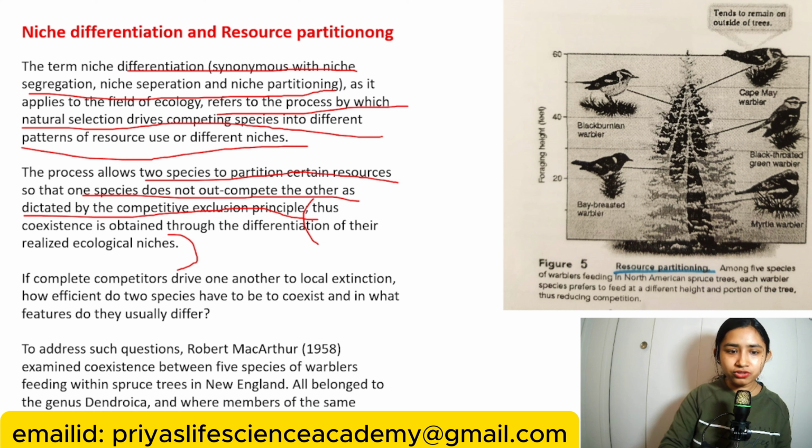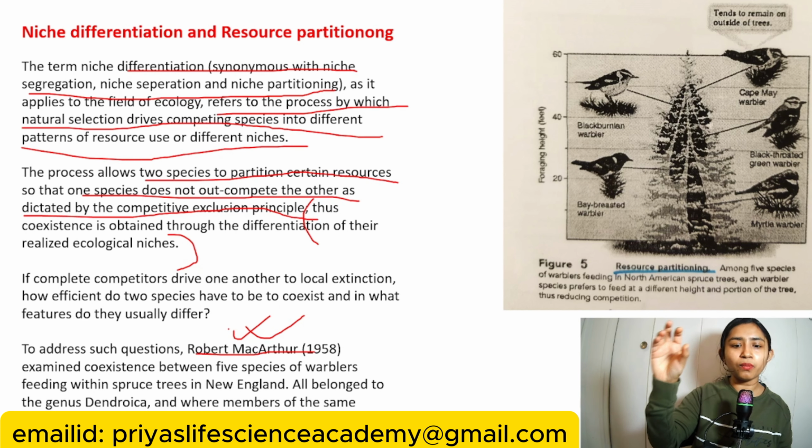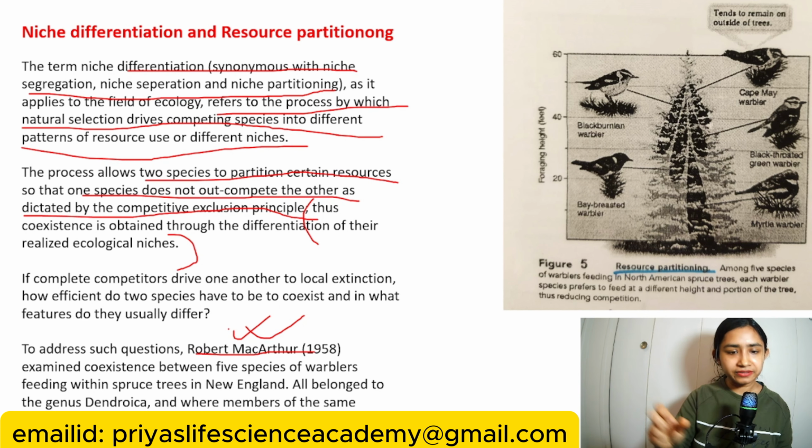To address this question, Robert MacArthur, please note his name, he is a very important figure in the field of ecology. In 1958, he examined coexistence between 5 species of warblers feeding in spruce trees in New England.